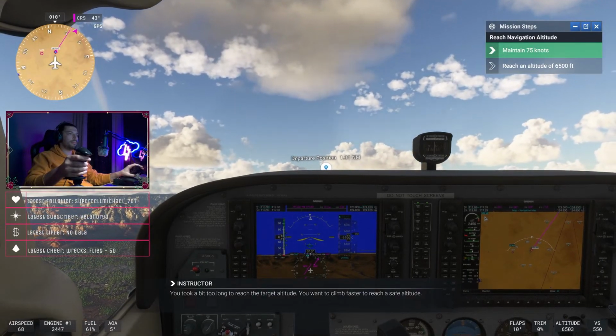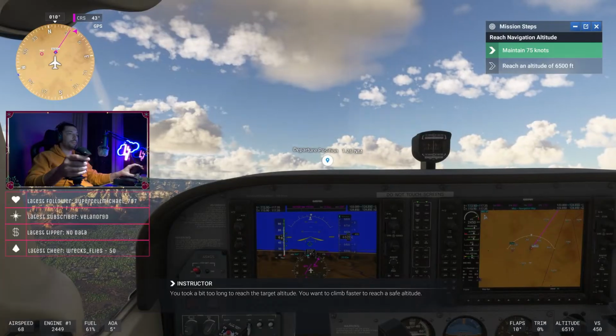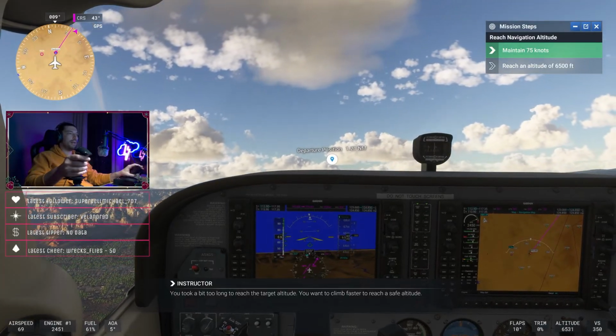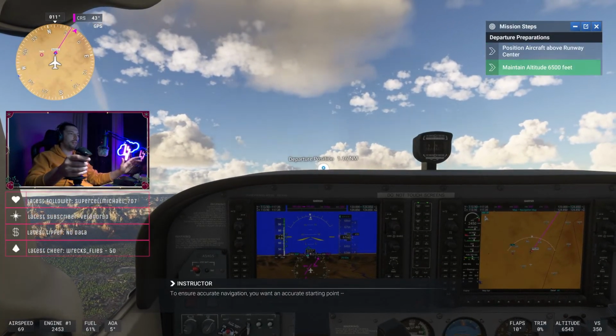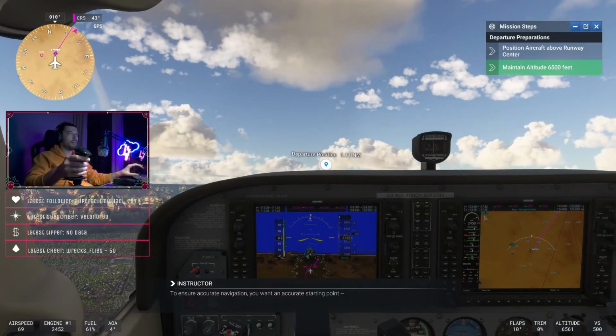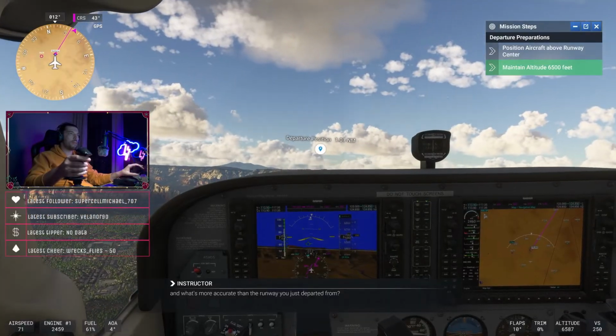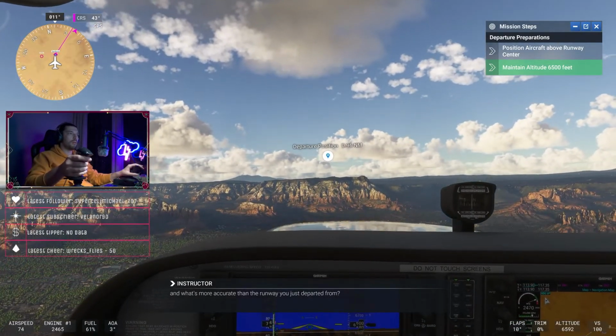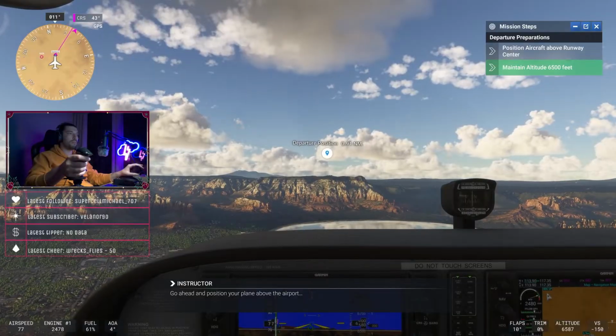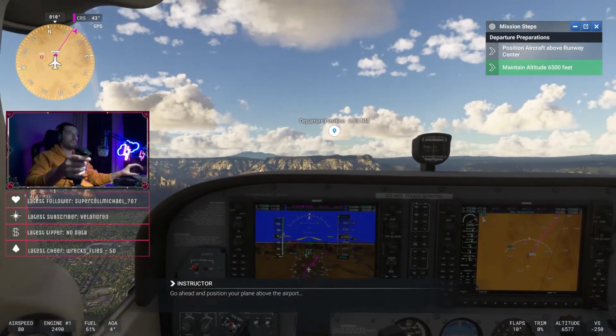You took a bit too long to reach the target altitude. You want to climb faster to reach a safe altitude. Yeah, how am I supposed to climb faster? To ensure accurate navigation, you want an accurate starting point. And what's more accurate than the runway you just departed from? Go ahead and position your plane above the airport. I am.